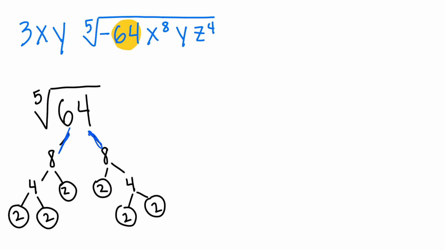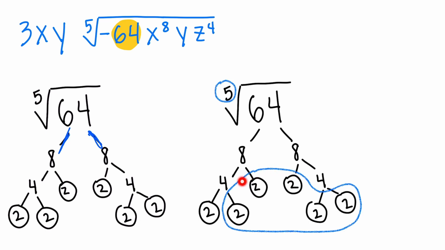Prime numbers are those that have the factors of 1 and themselves only. Then we group them based on their index. So we group 5 twos together, and we're going to have one of the 2's from the group of 5 on the outside. Draw your radical sign and the index, and then place the 2 that's remaining on the inside.